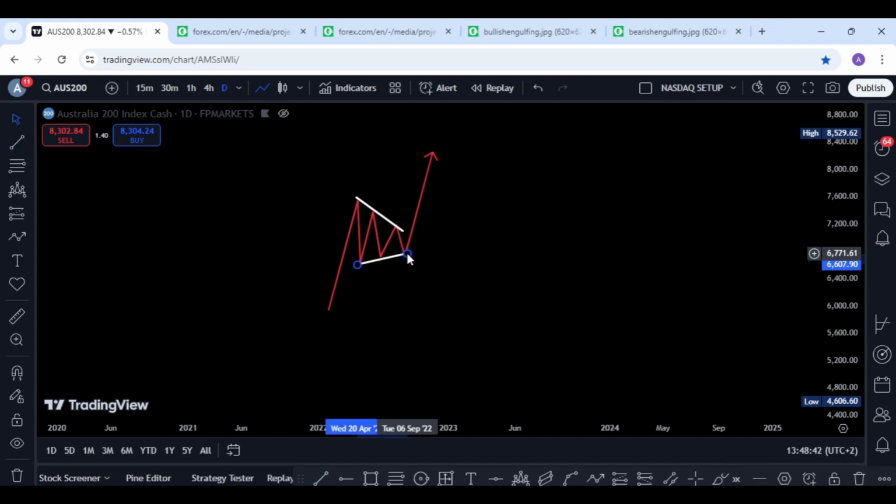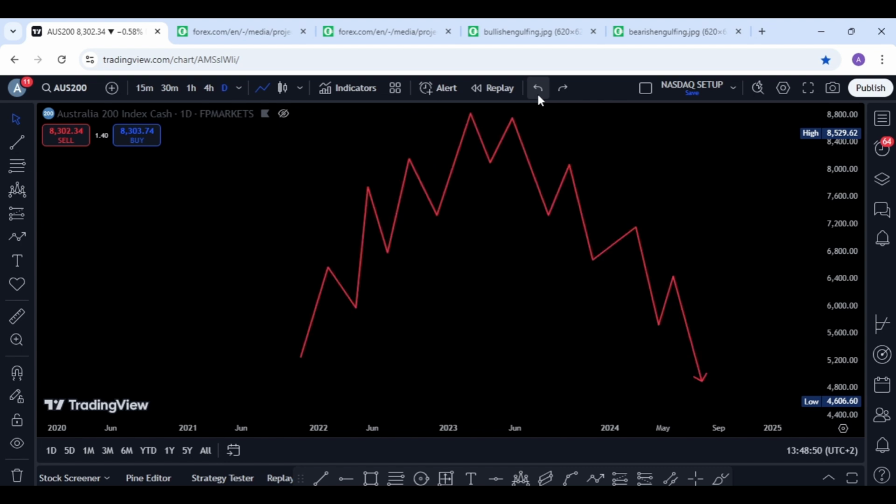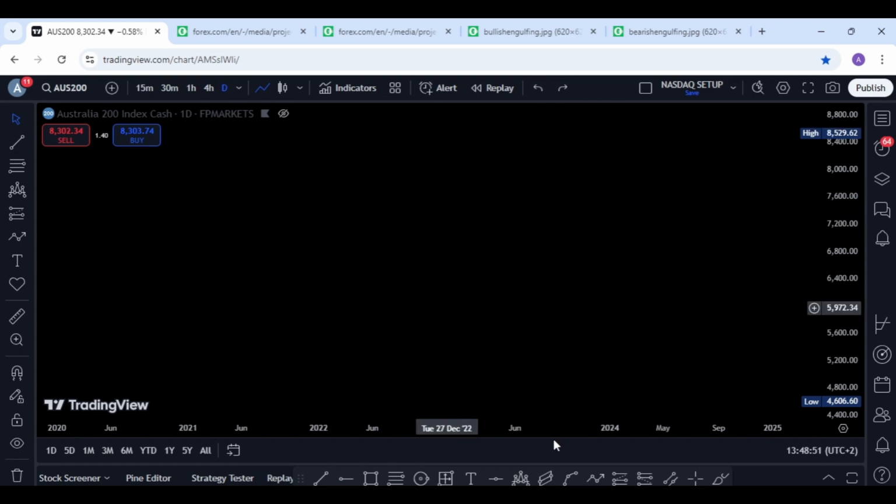And then we also have the flag. The flag looks like this.